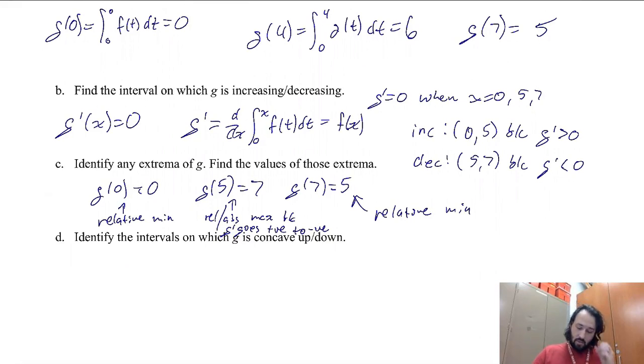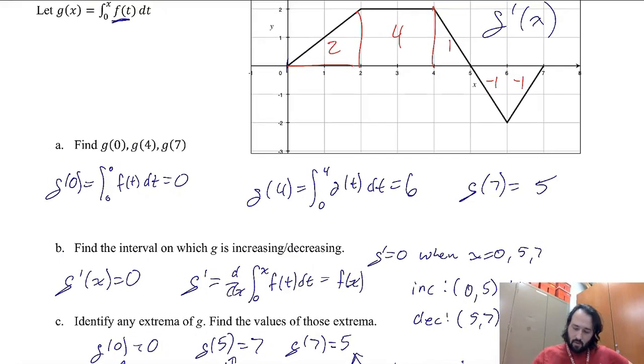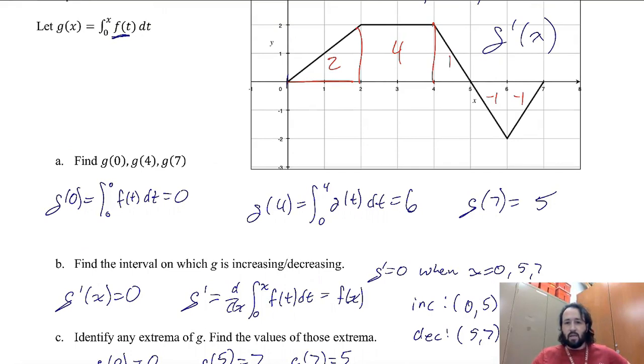Okay, any intervals on which g is concave up or down? So really g prime needs to be increasing or decreasing at those points.